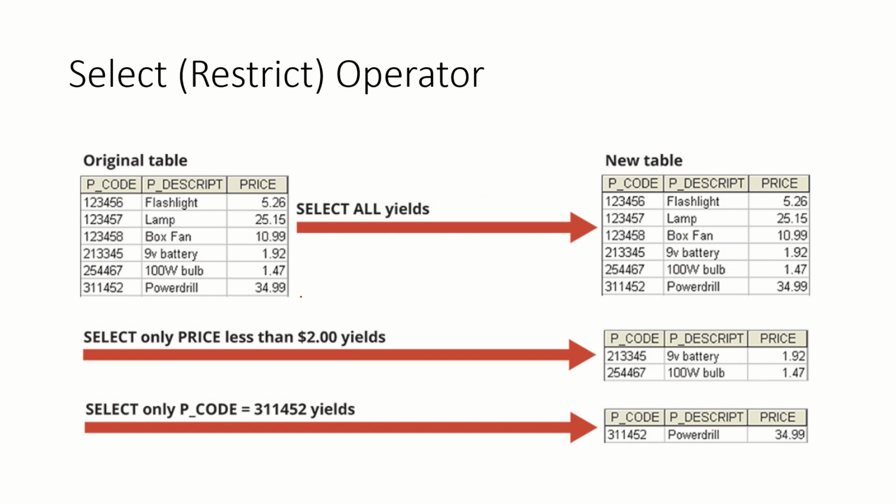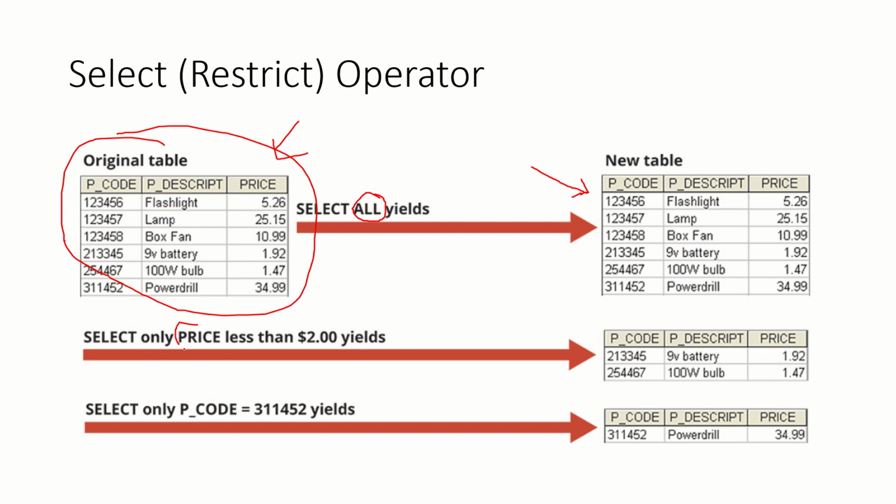Right here, this is an example. So we have our original table. In this table, we're trying to create something new. So right here, there is a condition. You select all of them, so you create a new table which includes all the information from the original table.